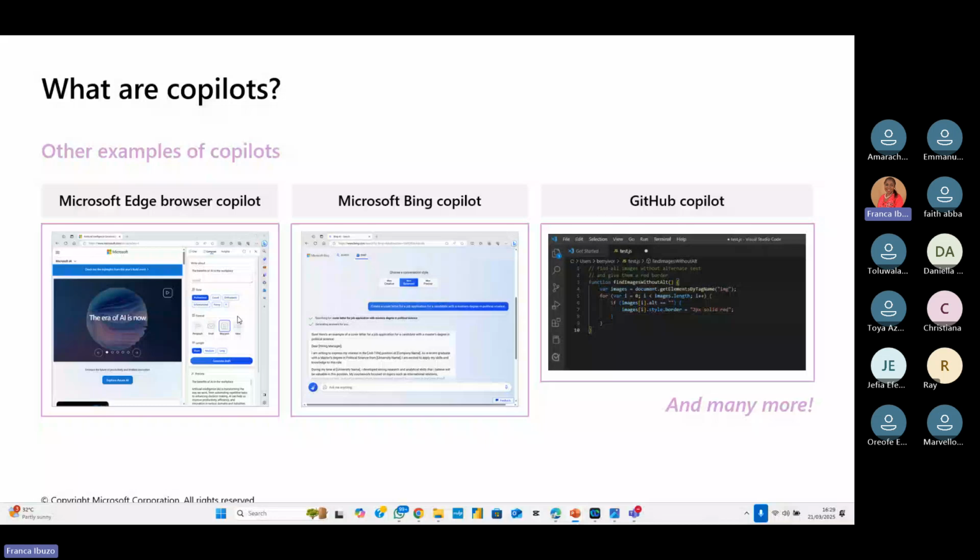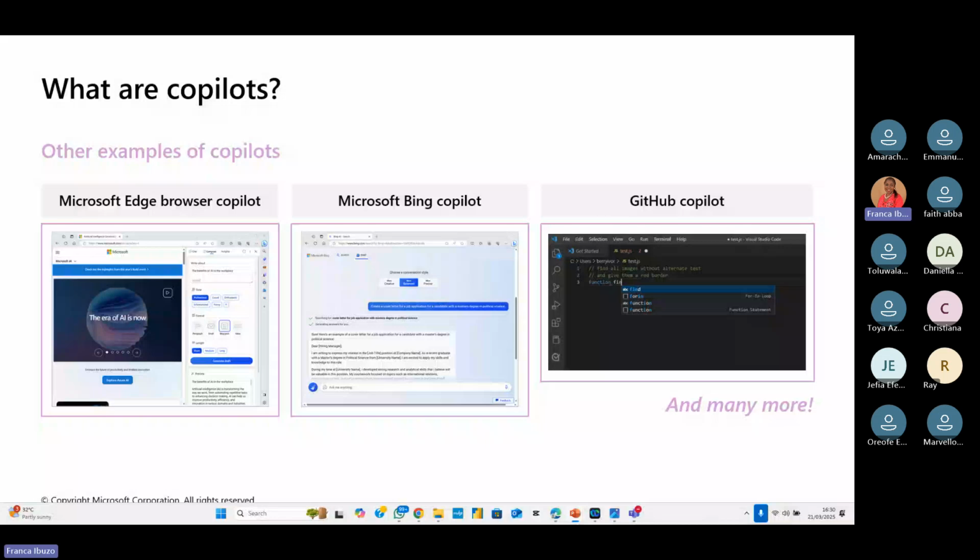I'm sure you all have used it. Have we all used the co-pilot in Microsoft Edge? Yes, ma'am. Okay, so you're familiar with that.